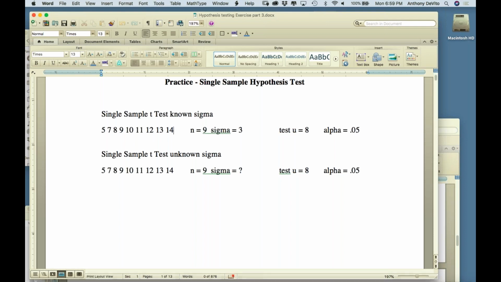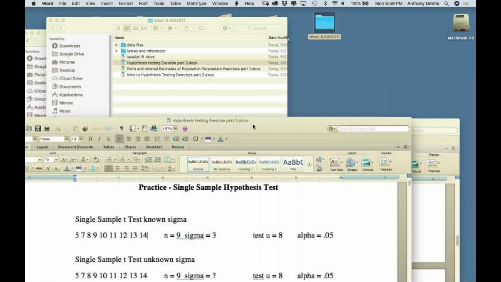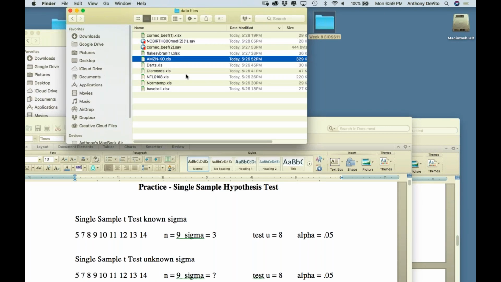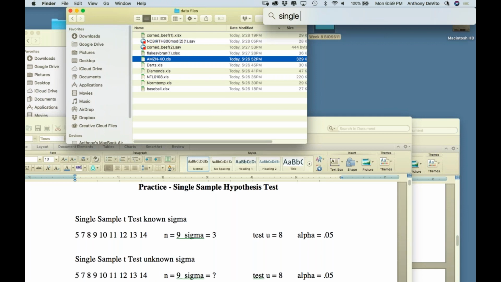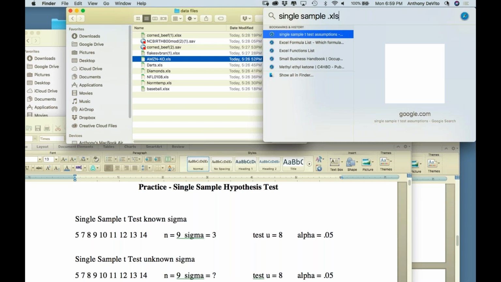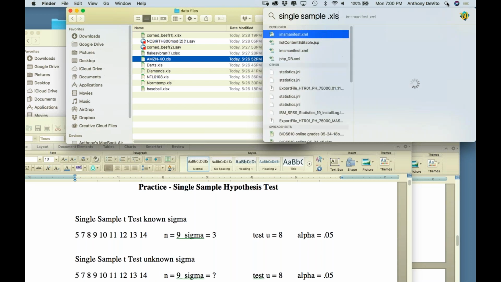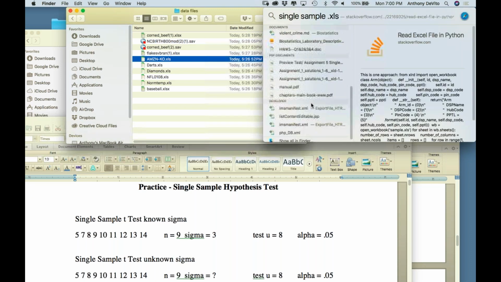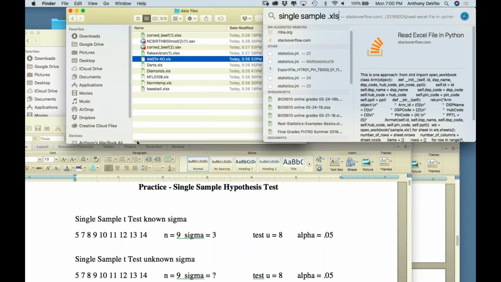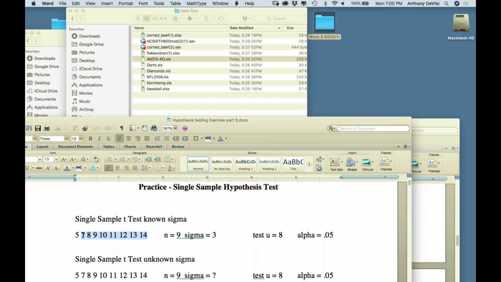And I think I have this in Excel. Where is it? It should be in here. I guess I don't have it. It's not on Blackboard. Okay, I'm going to have to get creative here.